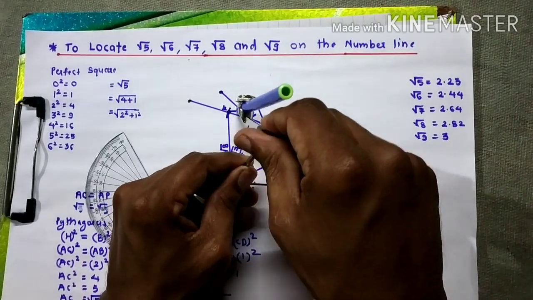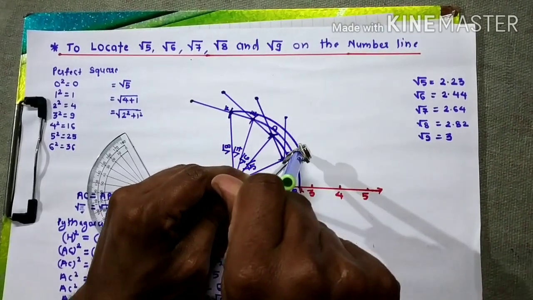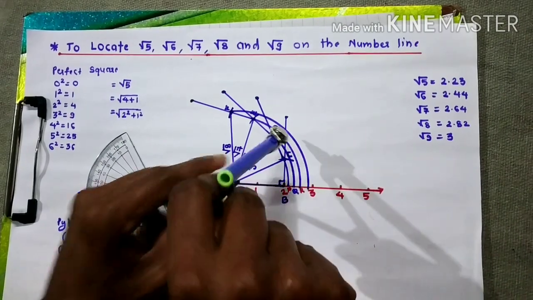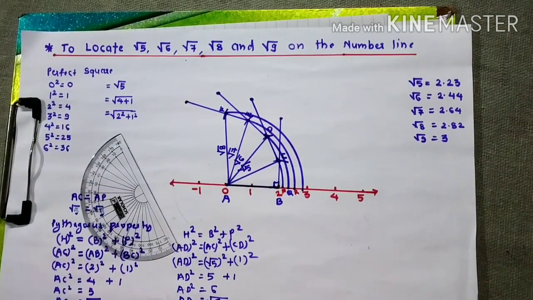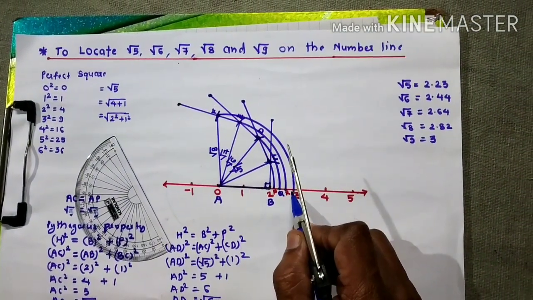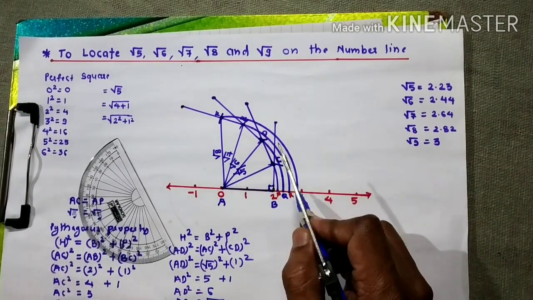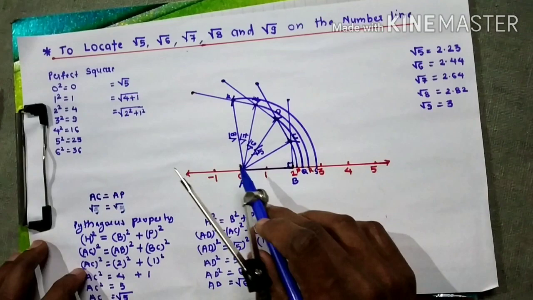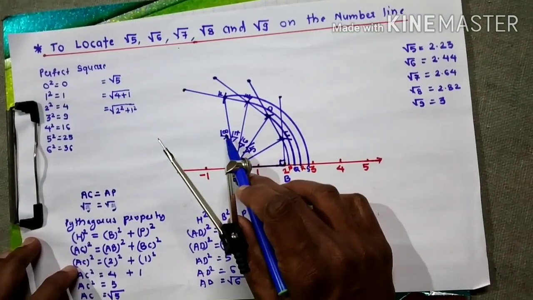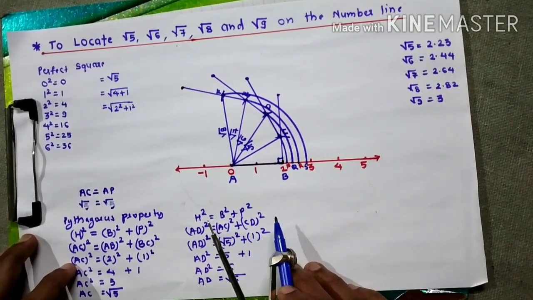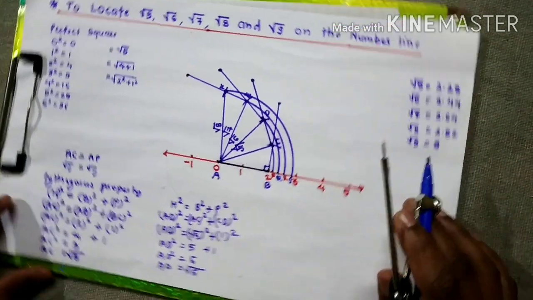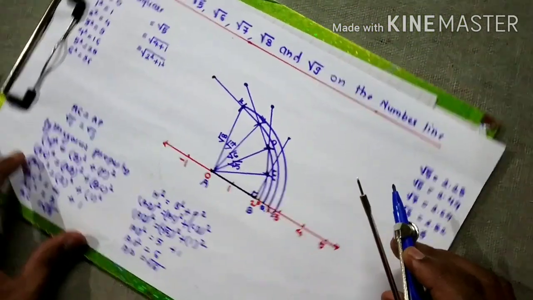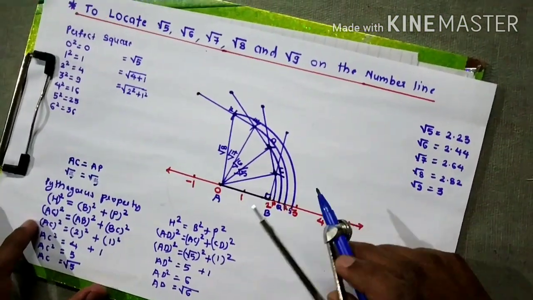Now we have to draw one arc like this. So this point is root 8. Let us give a name for this. Yes, you can prove this root 8 by using the Pythagoras property. So let us locate root 9 on the number line.